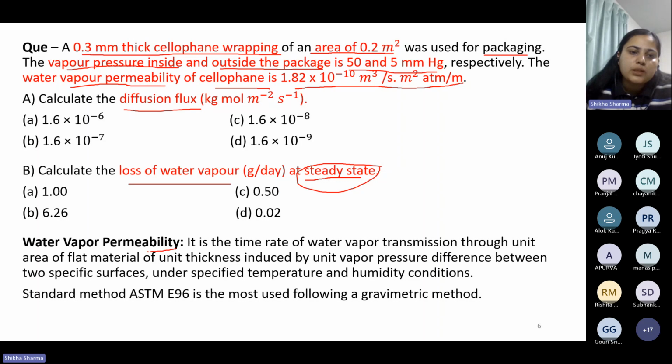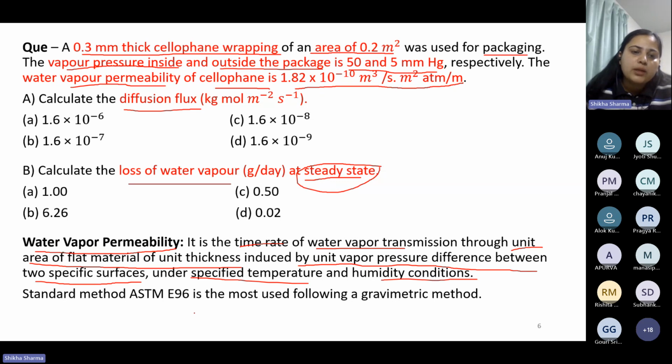So first, what is water vapor permeability? It is the time rate of water vapor transmission through a unit area of a flat material of unit thickness induced by unit vapor pressure difference between two specific surfaces under specified temperature and humidity condition.